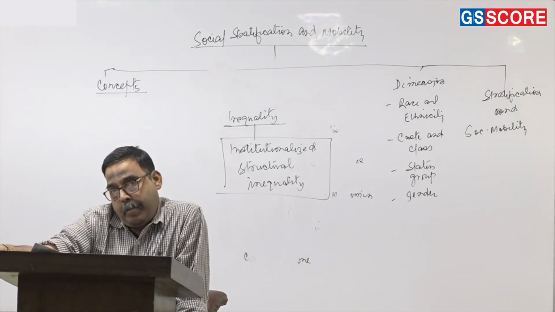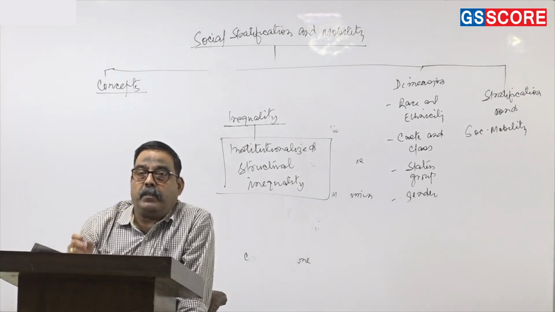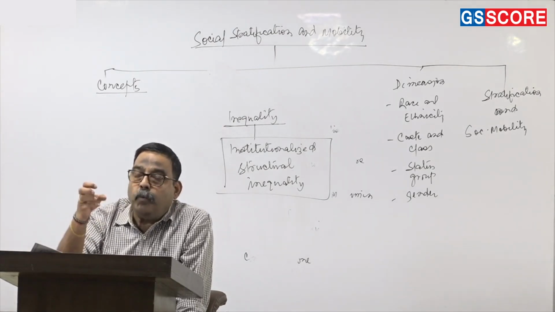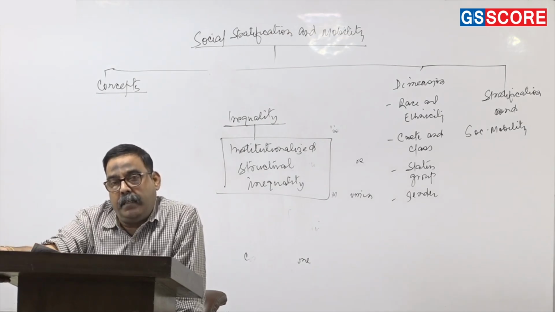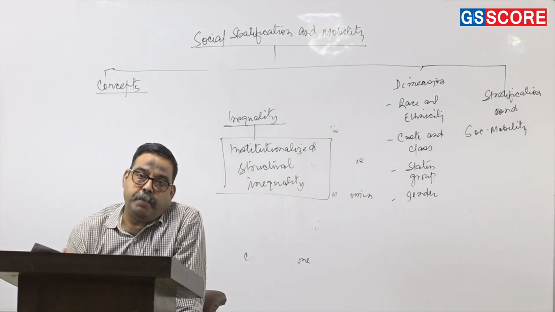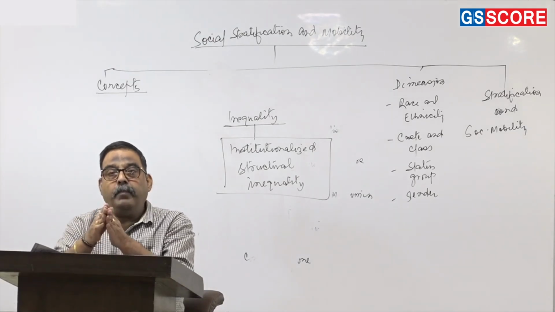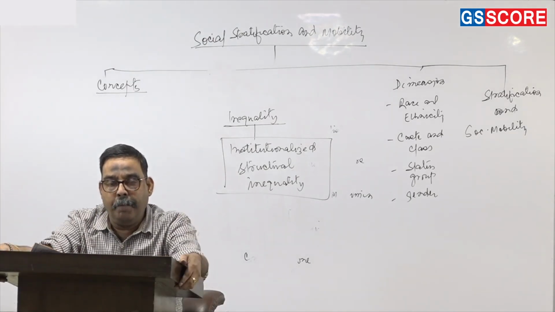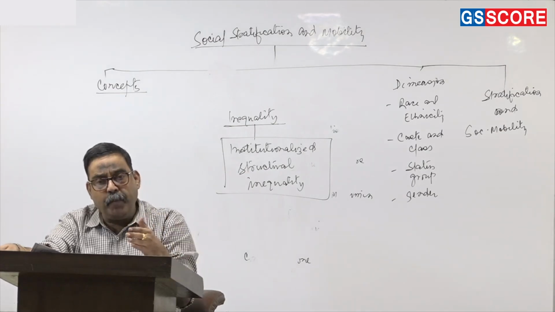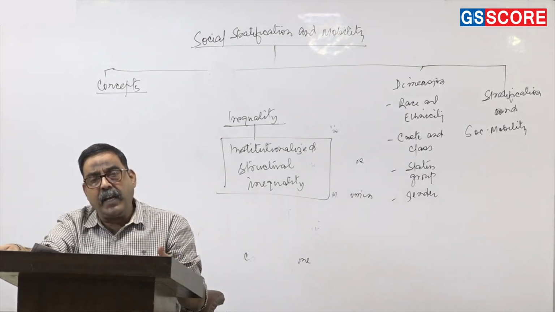It means in an economic analysis of Marx, social and political were hidden. They were basically encapsulated, enveloped. Weber is now separating economic, social and political from one another. And it's not merely in terms of the separation, he is also trying to look at a certain kind of overlapping.